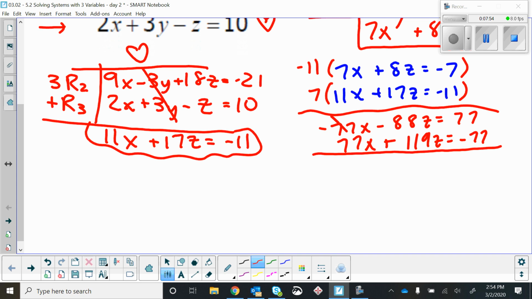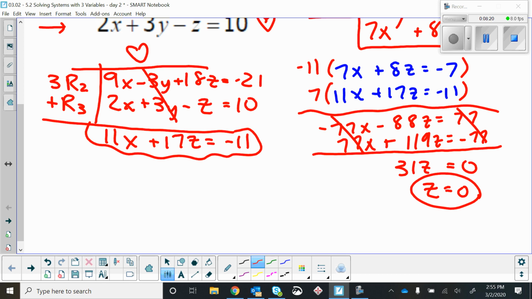So not only do the x's cancel, but the constants have to cancel too. And negative 88 plus 119 is 31. 31z divided by 31, z equals 0. And that's a whole lot of work. I'm not even done.